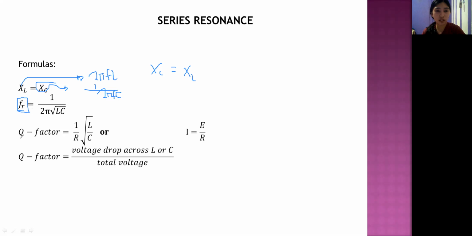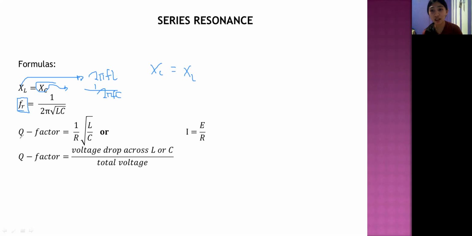Here, the Q factor. I will not derive what the Q factor is, but I'll define it. Q factor is the selectivity of the resonance circuit, so a resonance circuit functions well depending on this particular value, the Q factor.